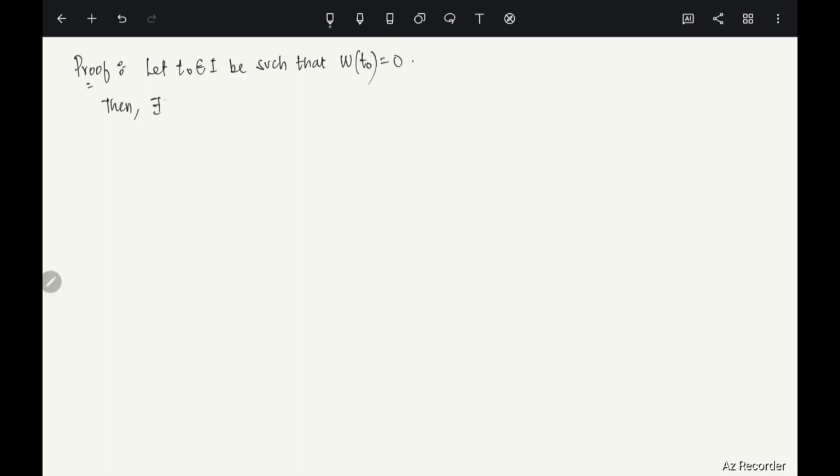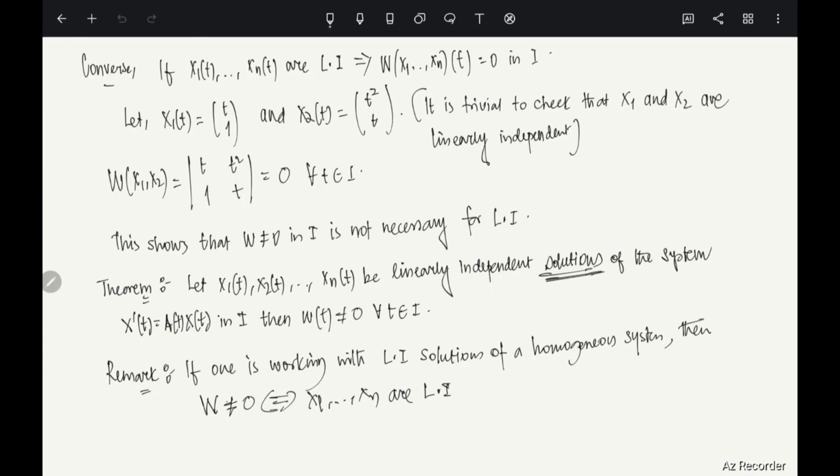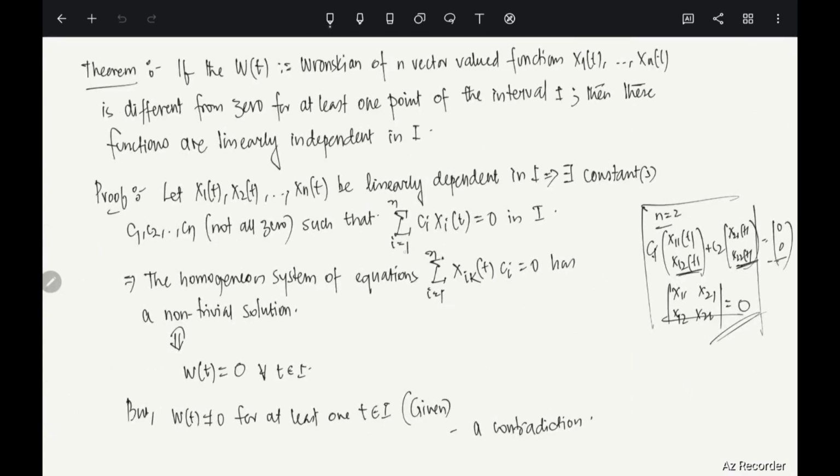If the Wronskian is 0, then there exist c1, c2, ..., cn, not all 0, such that the summation from i equals 1 to n of ci xi(t naught) is 0. Clear? If the Wronskian is 0 at the point t naught, then we look at this system at the point t naught.